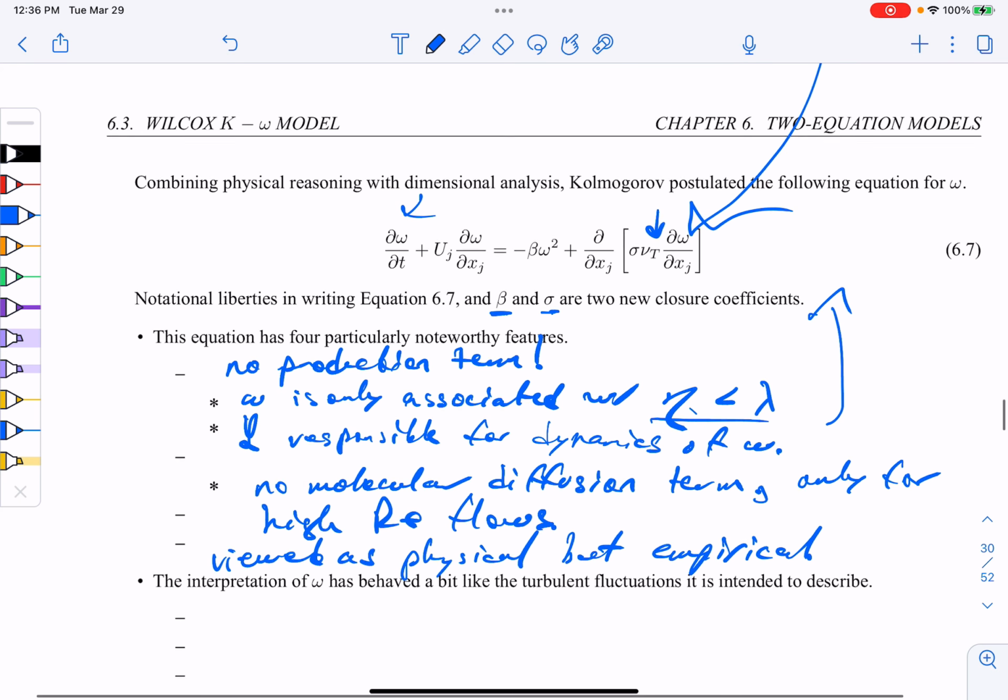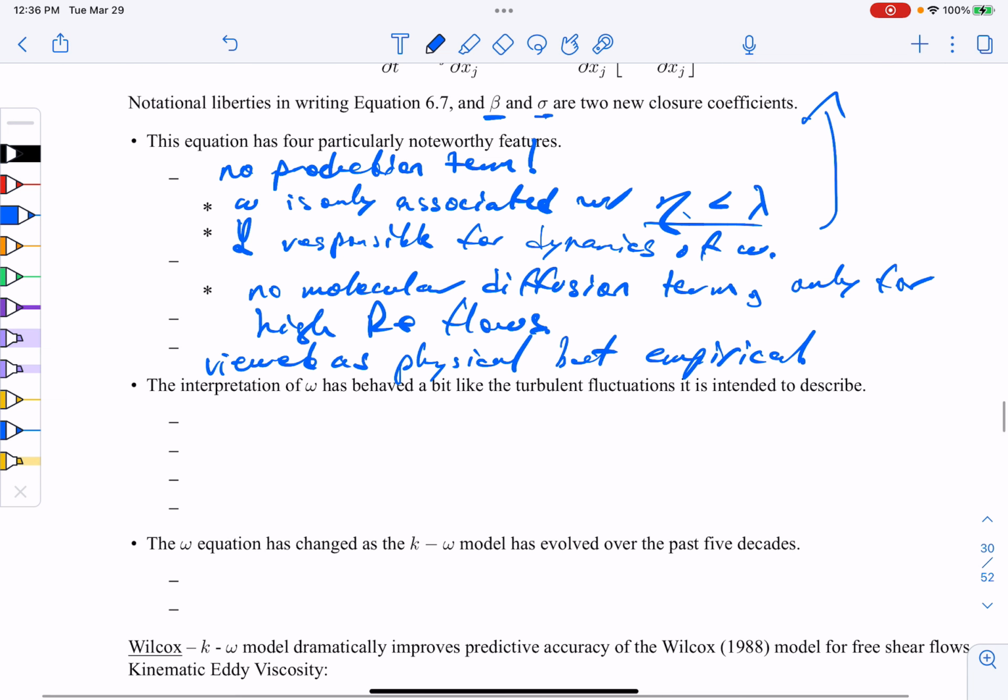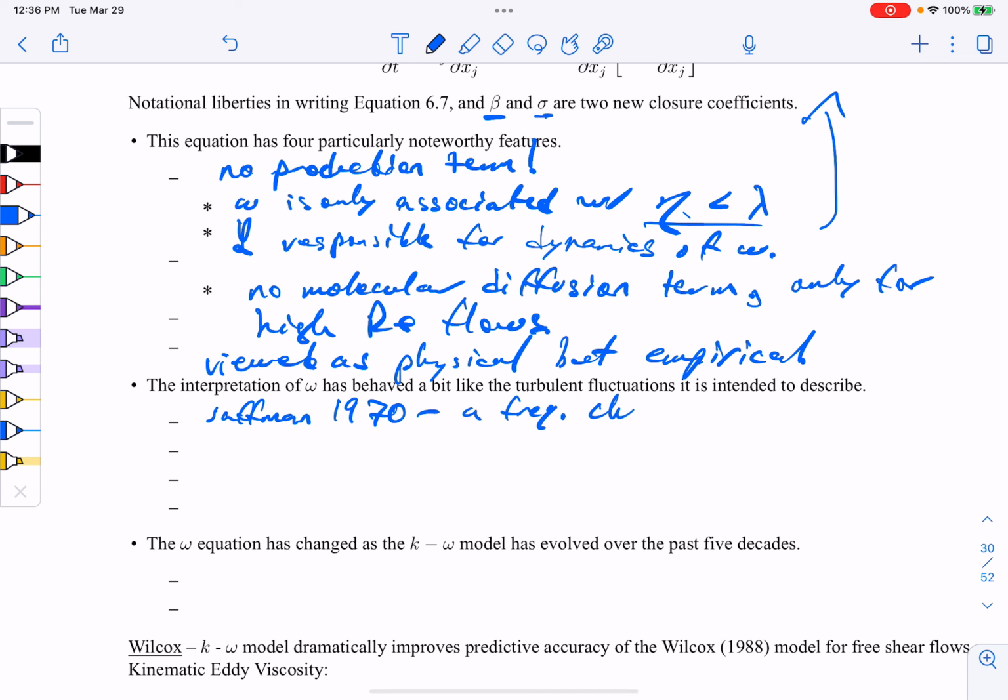One might say, how do we interpret omega, the specific dissipation? And there are a few different ways people looked at it. So Saffman, in 1970, saw that it's a frequency characteristic of the turbulence decay process under self interaction.